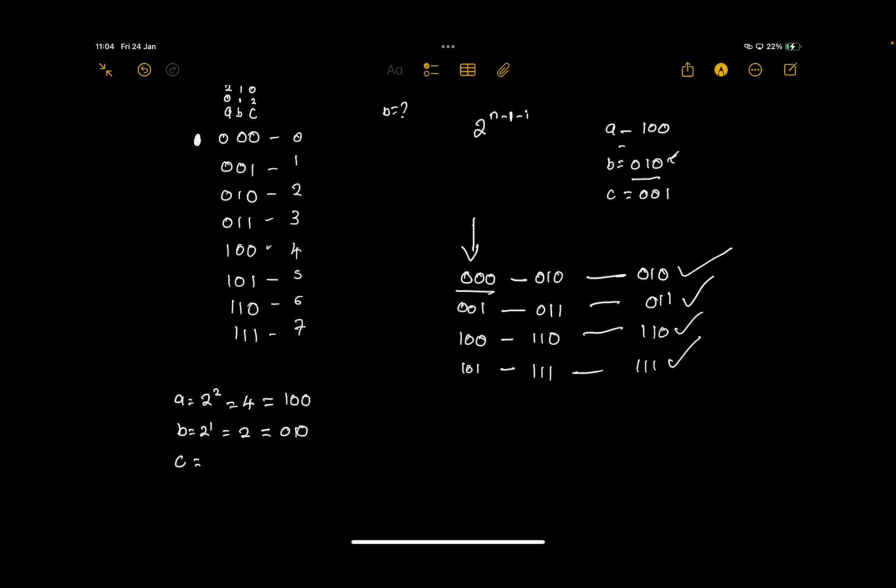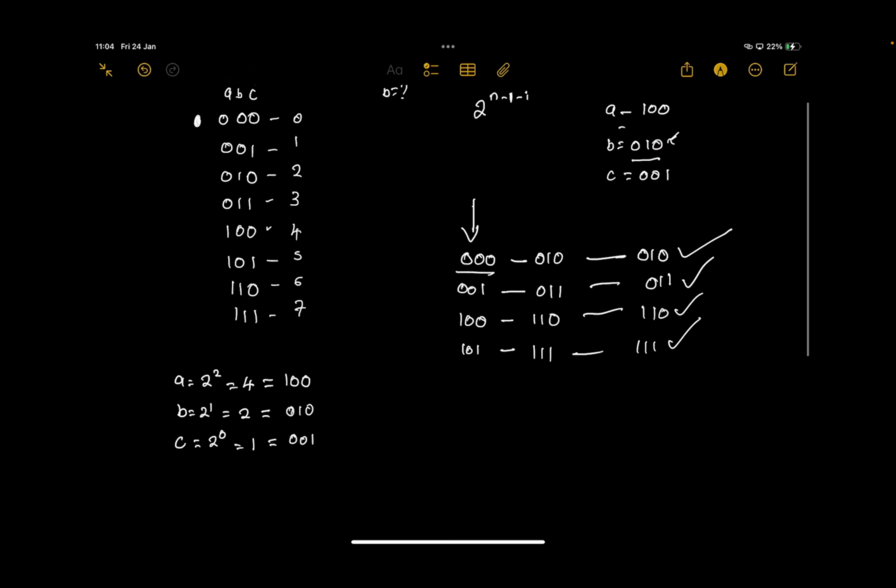Then C is 2 to the power of 0, which is equal to 1, which is equal to 0, 0, 1. So this power plays a critical role in both going from y1 to y2 and also figuring out what the next y1 is.